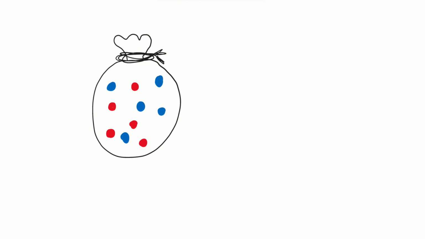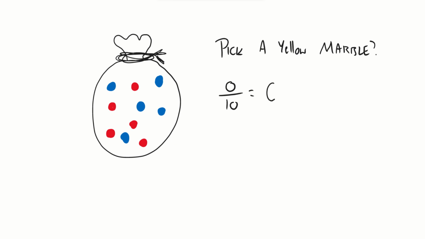And I said, how likely is it to pick a yellow marble? Well, there are 0 yellow marbles out of 10 possible marbles. That is a 0% chance. That is impossible. It's impossible. Can't do it.